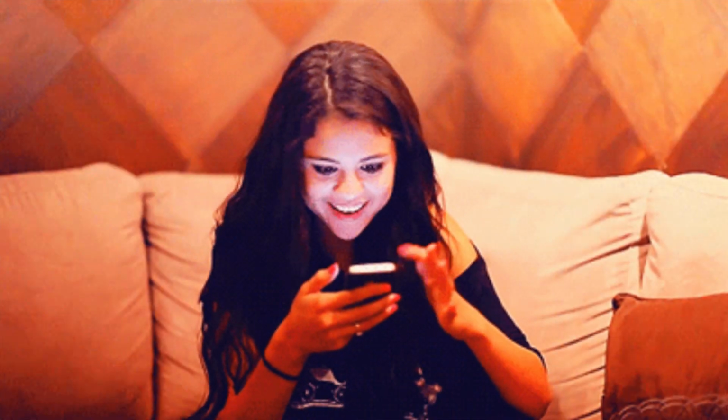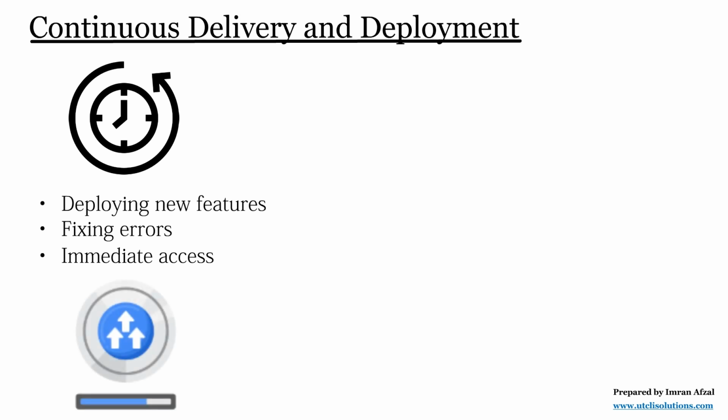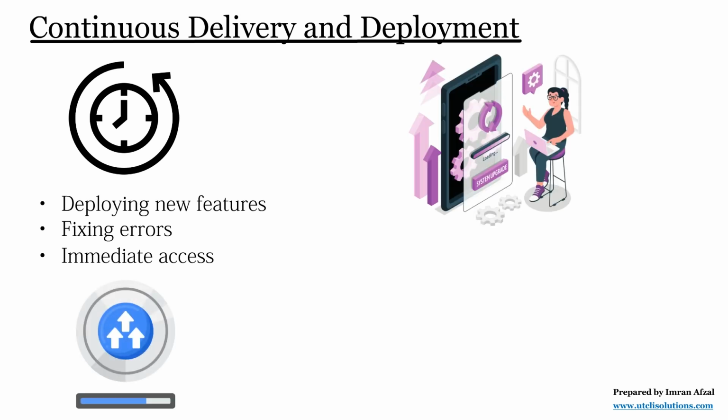It also reduces time for deploying new features and fixing errors. And do you know what the amazing part is? The users can enjoy exciting new features and have immediate access to updated software versions. You only have to update the app and it is good to go.